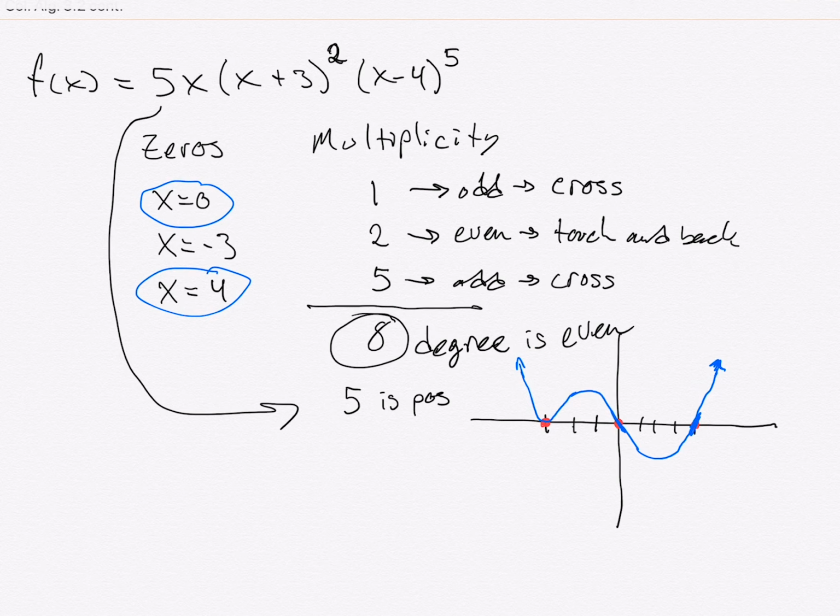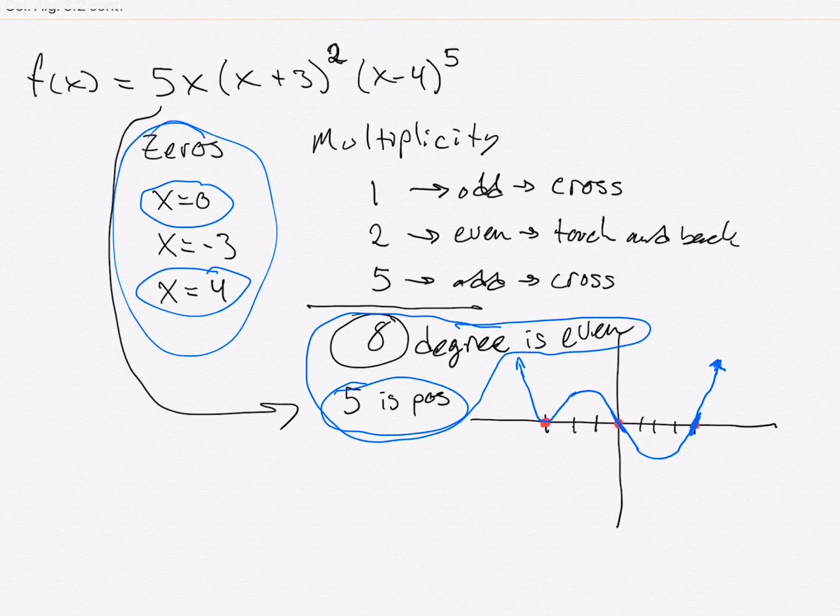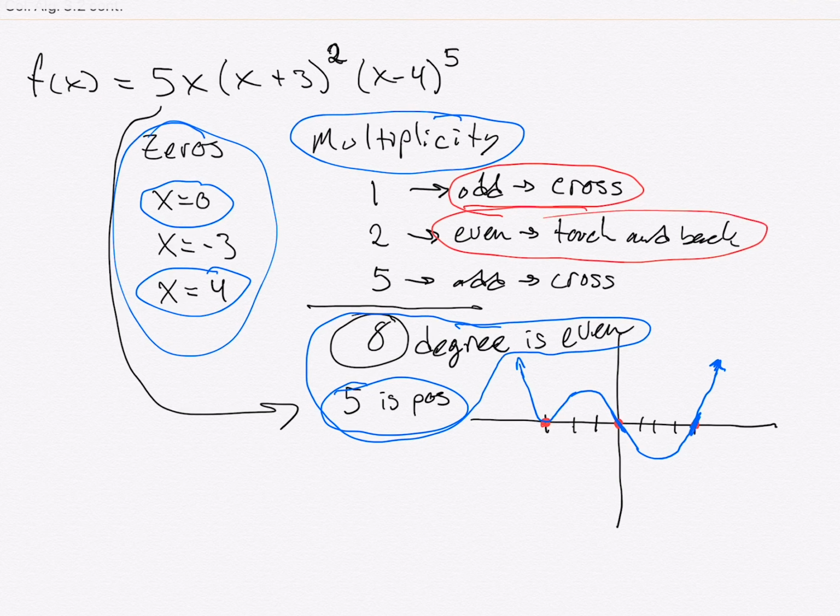All right, so that is the use of our conversation about end behavior, even degree polynomial, positive leading coefficient, and the utilization of our zeros, and the utilization of multiplicity, where odd multiplicity tells us that we cross at that particular 0, even multiplicity tells us that we touch and turn back.